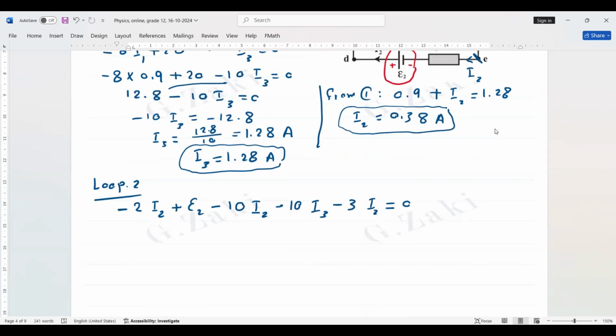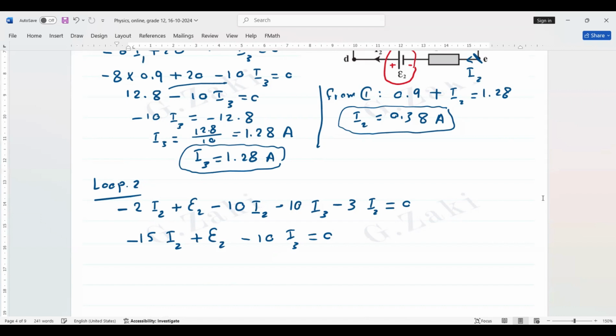Now we solve this equation. Collect the like terms: negative 2 I2, negative 10, negative 3. You can use the calculator. The answer is negative 15. So negative 15 I2 plus E2 minus 10 I3 equals 0.